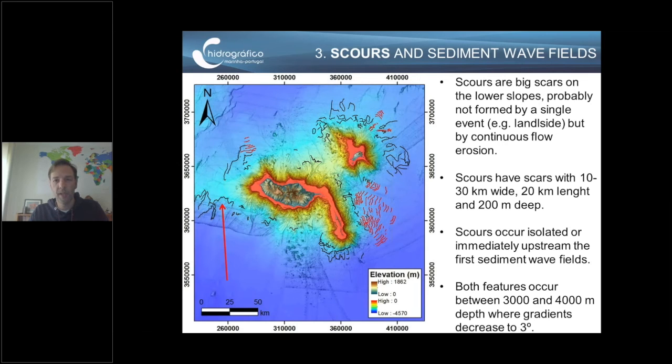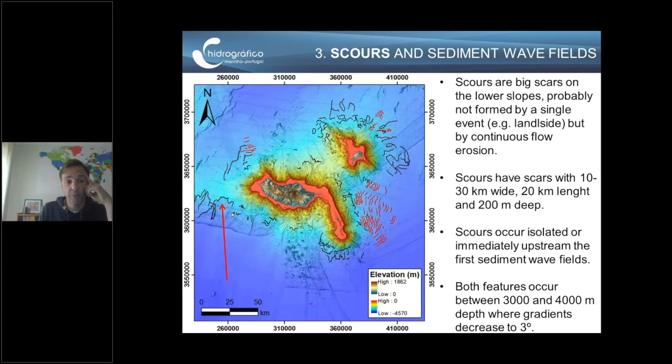Both the scours and the sediment wave fields are normally where there are no canyons, so they are outside the canyons. There are some sediment wave fields inside the canyons, but most of them, both the sediment wave fields and the scours, are outside the canyons.